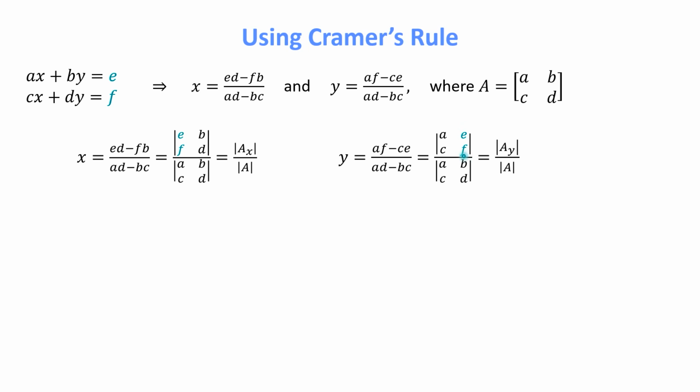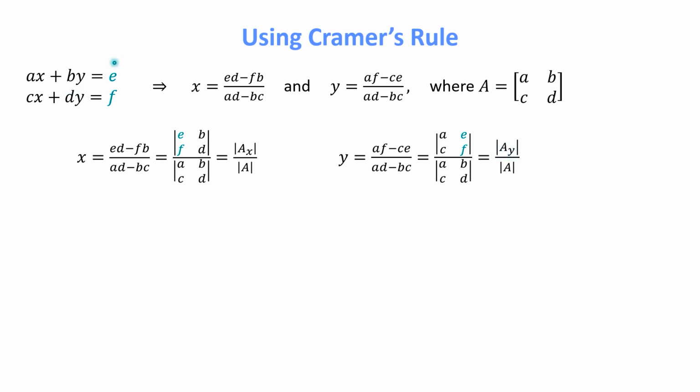So what we have done now is replace the coefficients of the y variable, namely b and d, with the constant terms e and f. So we can see that a and c are still there, and instead of b and d, we have e and f. So we will call this the determinant of matrix A sub y, where the y coefficients have been replaced with the constant terms.